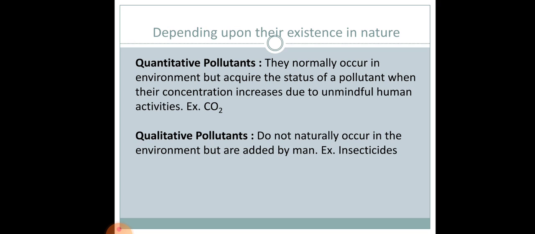For example, carbon dioxide occurs in nature, and we call it a pollutant only when its concentration increases to such a level. When it comes to qualitative pollutants, they do not occur naturally and are added by man, for example insecticides. I hope it is clear, quantitative pollutants and qualitative pollutants.